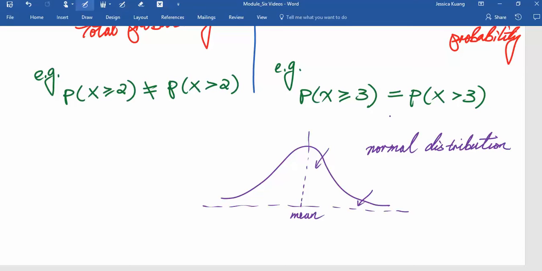In 6.3, we are going to generalize the normal distribution to non-standard normal distribution. So as you go through the module, those are the things you need to pay attention to.